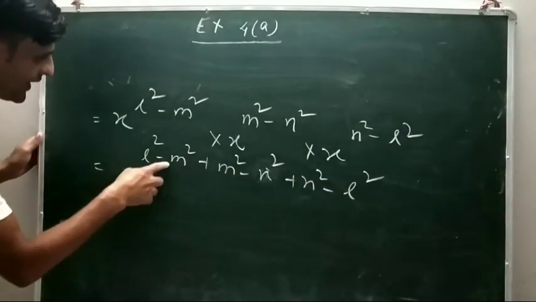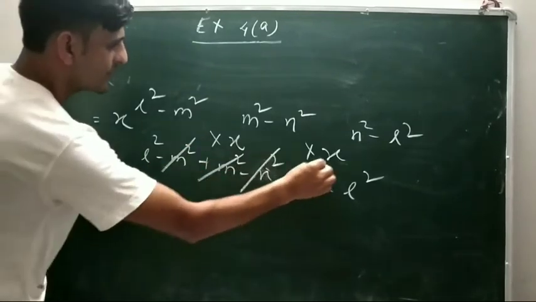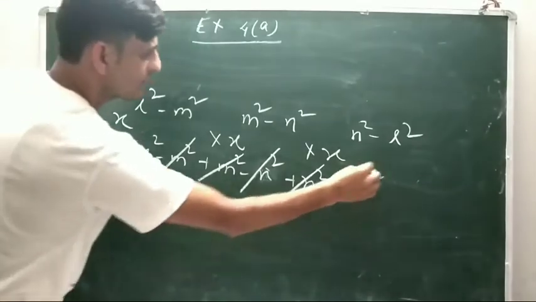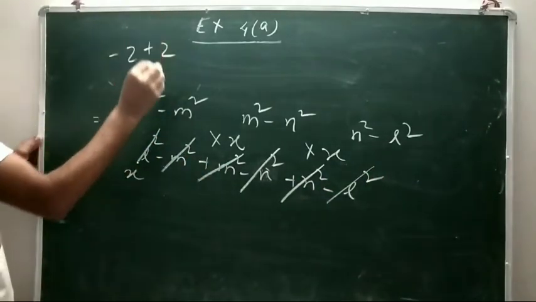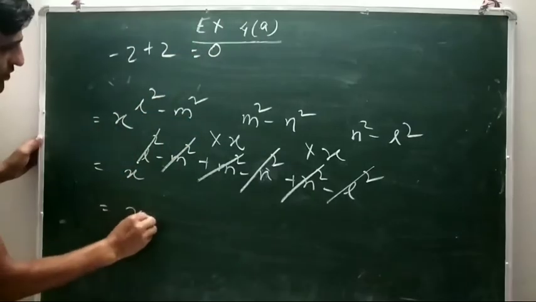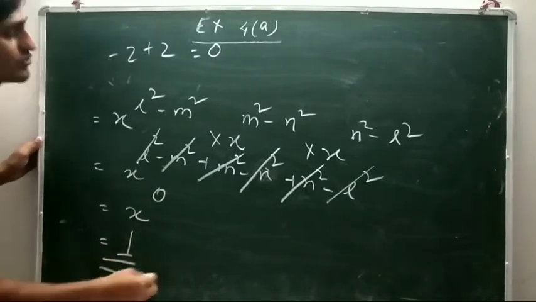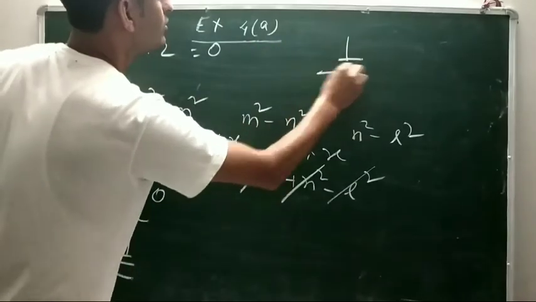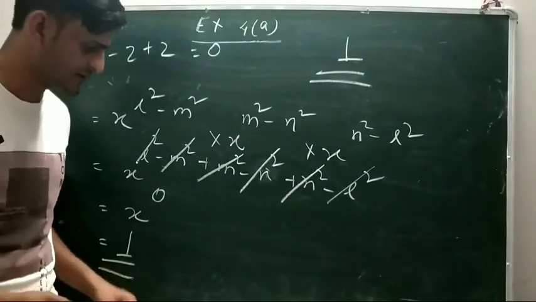Then we will see minus M square plus M square can be cancelled, minus N square plus N square can be cancelled, minus L square plus L square can be cancelled. That means the result will be 0. So we will write 0 there. So it is x to the power 0 and anything to the power 0 is equal to 1, which is what we have to prove. So like this we will solve question number 16.